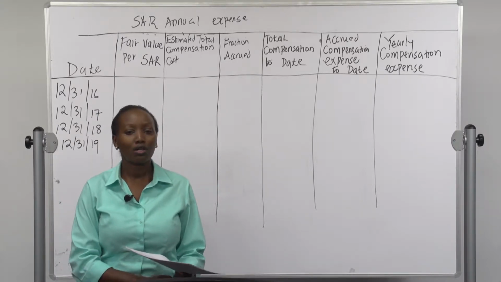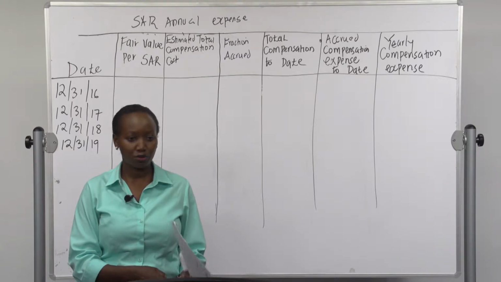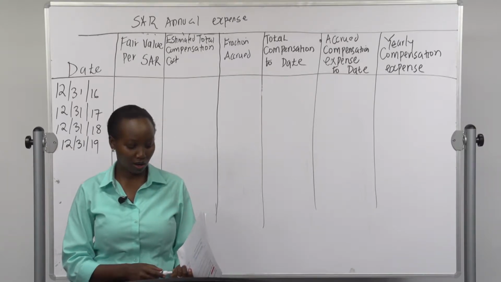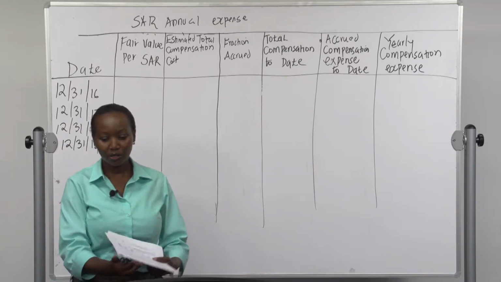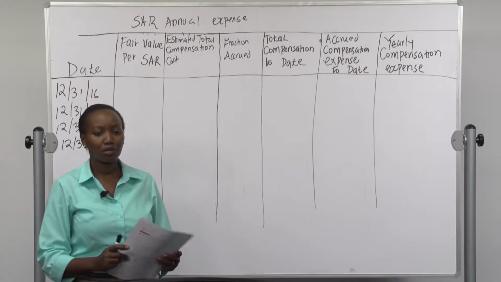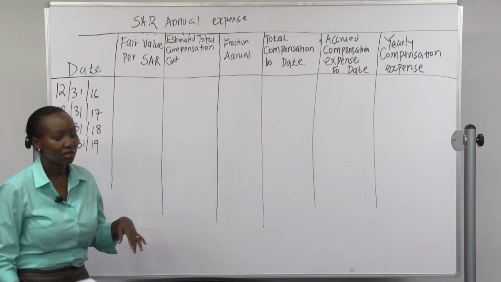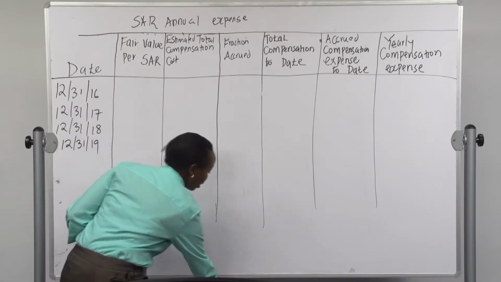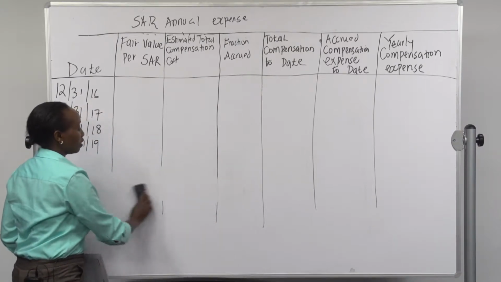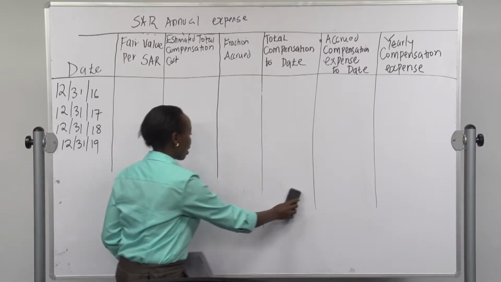We follow the same approach as we were doing with, for instance, a fixed compensation expense scenario, where we compute the estimated compensation and then we allocate it based on the fraction of the year that has already passed.